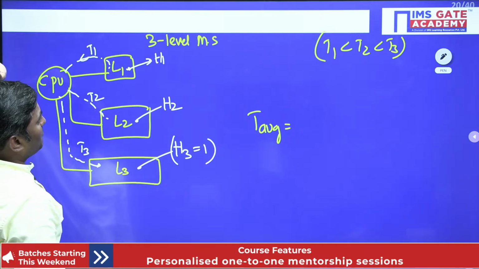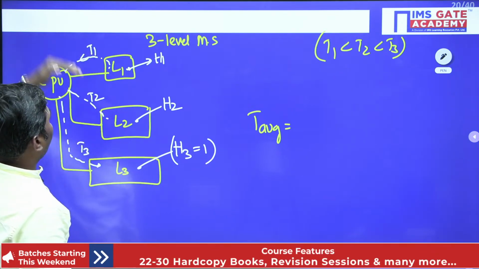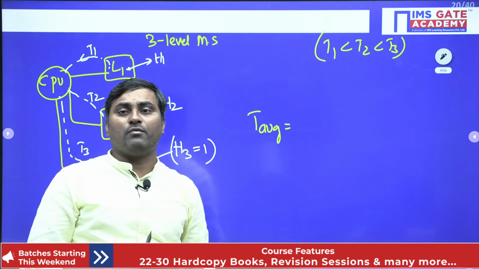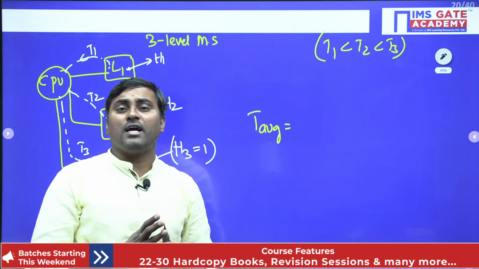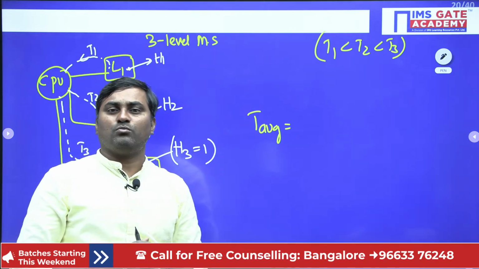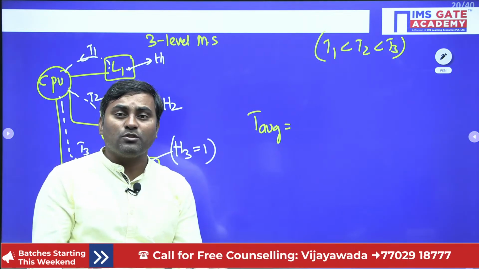Getting my point? Suppose in the second case, the second reference goes to all, and level 1 says it is a miss, so it is not there in level 1. Can we guarantee that if it is not in level 1, it is definitely available in level 2? No. If a level 1 miss occurs, it can be present in level 2 or it cannot.